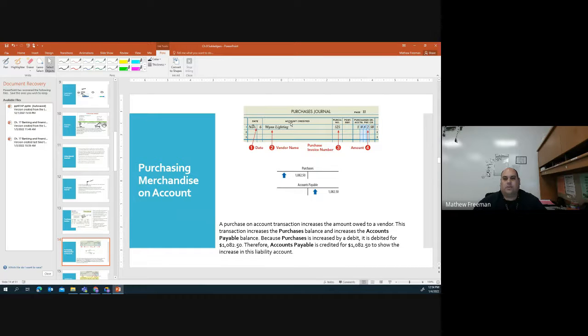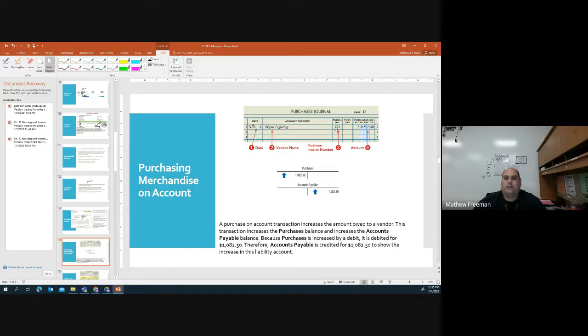So this is your purchase journal. A purchase on account transaction increases the amount owed to the vendor. This transaction increases the purchases balance and increases the accounts payable balance. Okay. So because purchases is increased by a debit, purchases is debited for 1,800, therefore accounts payable is credited for 1,800 to show an increase in this liability account.